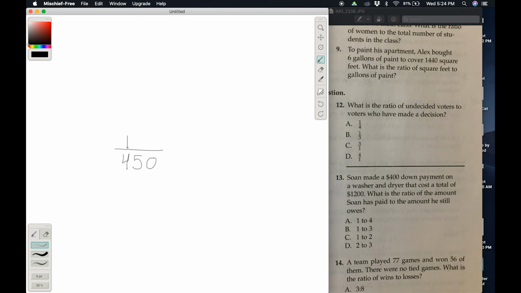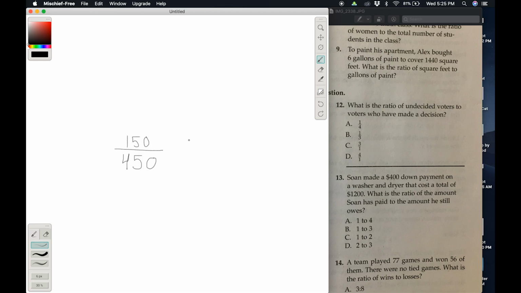Undecided is 150, since they asked that first, we put that on top. 150 over 450. So using logic here, guys, we know 50 goes into 100, so 450 still goes into that.